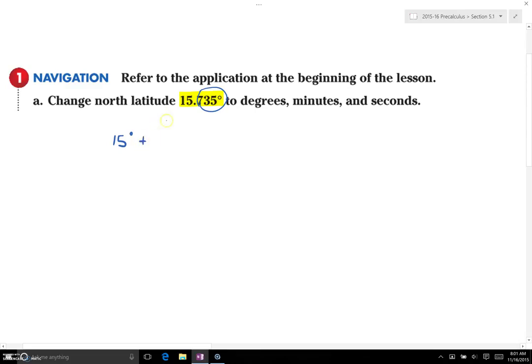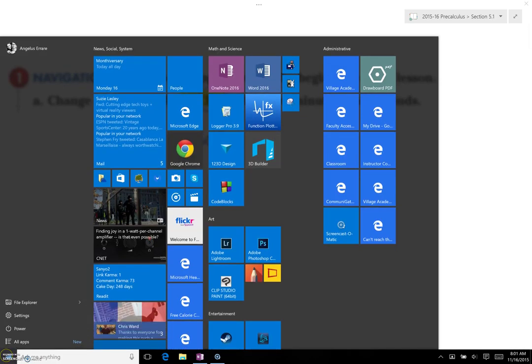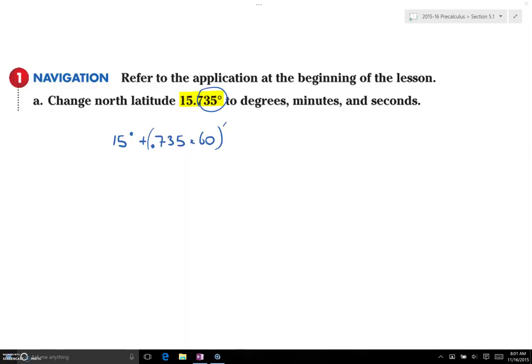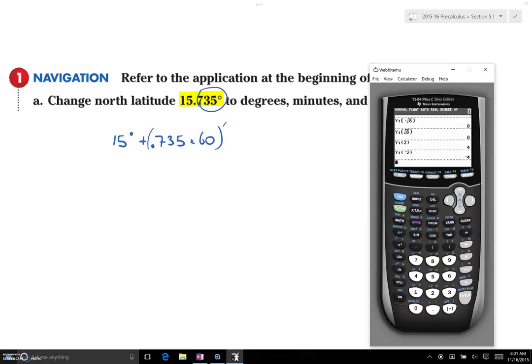So what we'll do is we'll multiply 0.735 times 60, and that's going to end up being our minutes. So we'll get a calculator here real quick. And so it looks like it's 44.